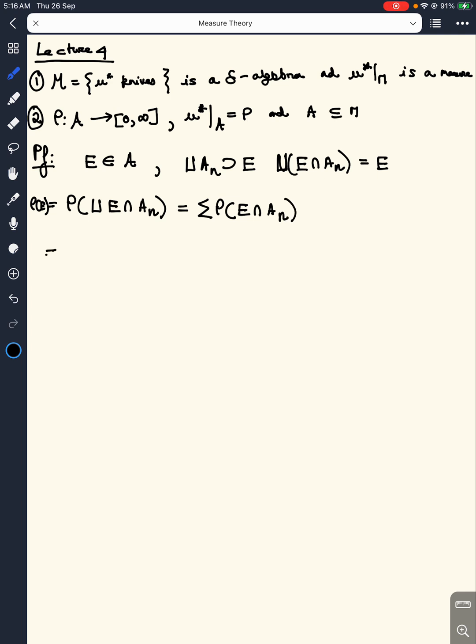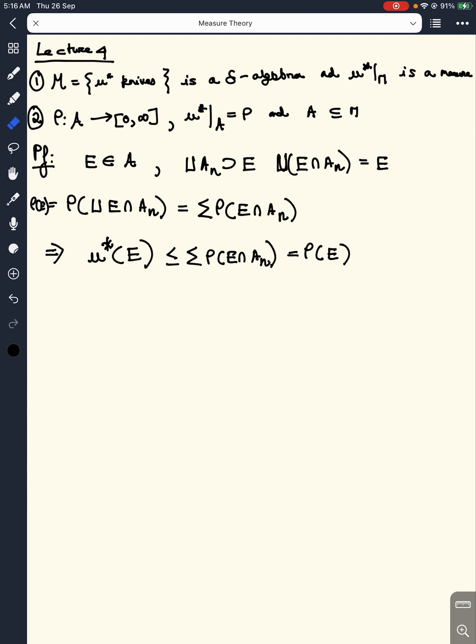And so mu star of E is less than or equal to the summation of rho of E intersection A_n, which is nothing but rho of E, and the other side is trivial because, okay, so we showed this one.